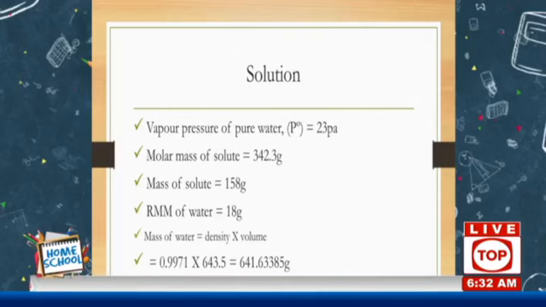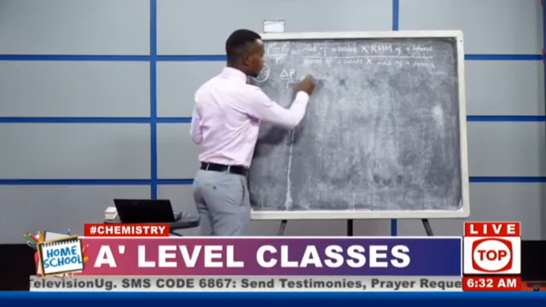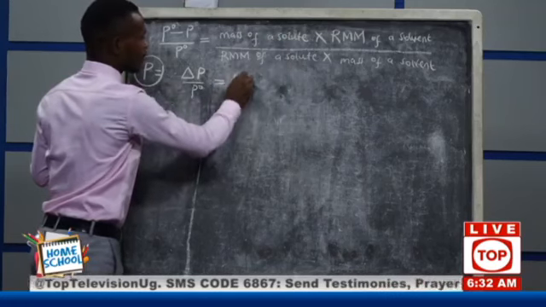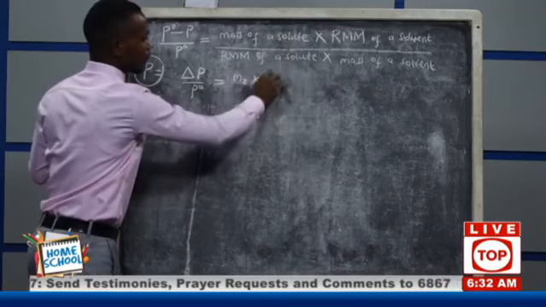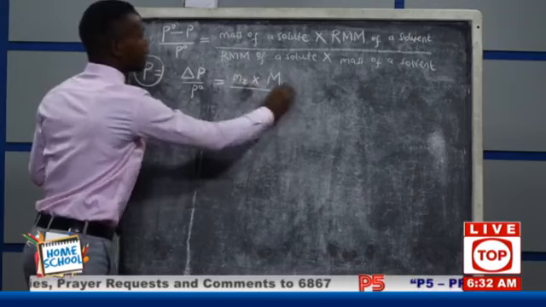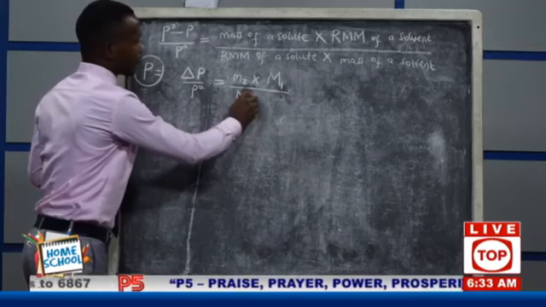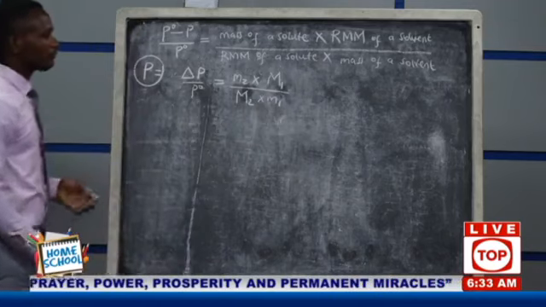So we first make the formula with the change in pressure over P naught, because we said P naught minus P is change in pressure, will be equal to mass of a solute, M2 small, times relative molecular mass of a solvent, which is capital M1, divided by relative molecular mass of the solute, times mass of the solvent.